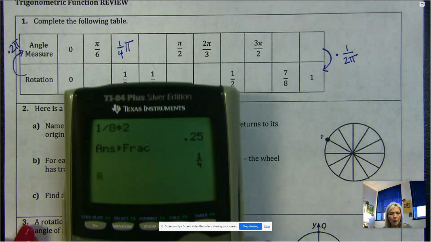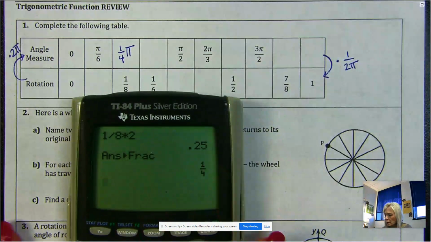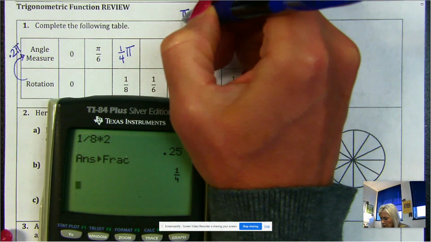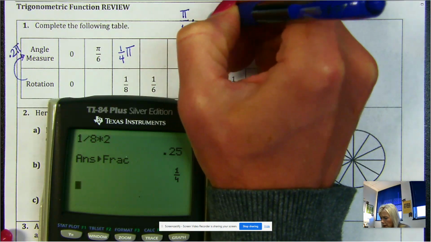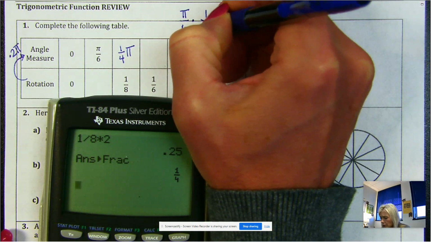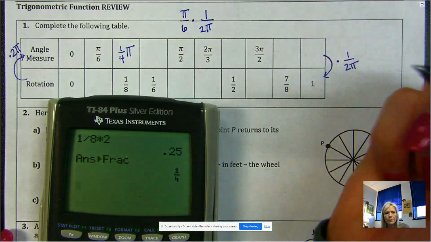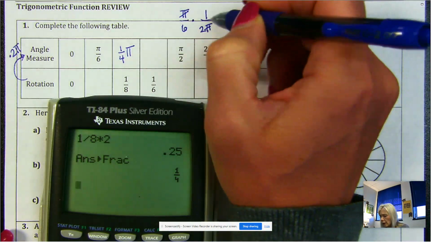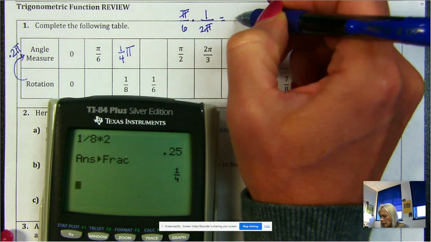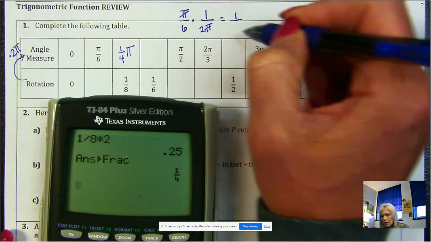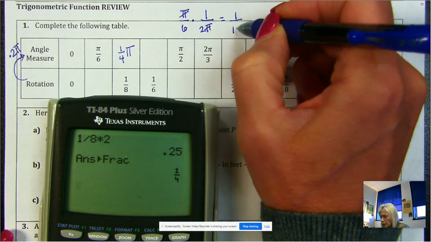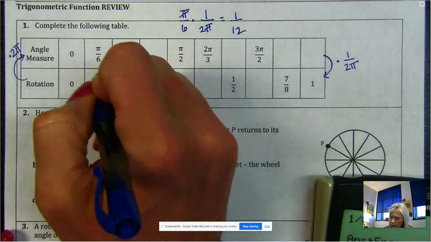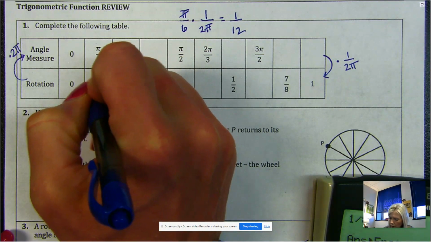For pi over 6, I'm going to take that pi over 6 in radians and multiply it by 1 over 2 pi. The pi's will cancel each other out, and I have 1, and 6 times 2 is 12. So an angle measure of pi over 6 is 1/12 of a full rotation.